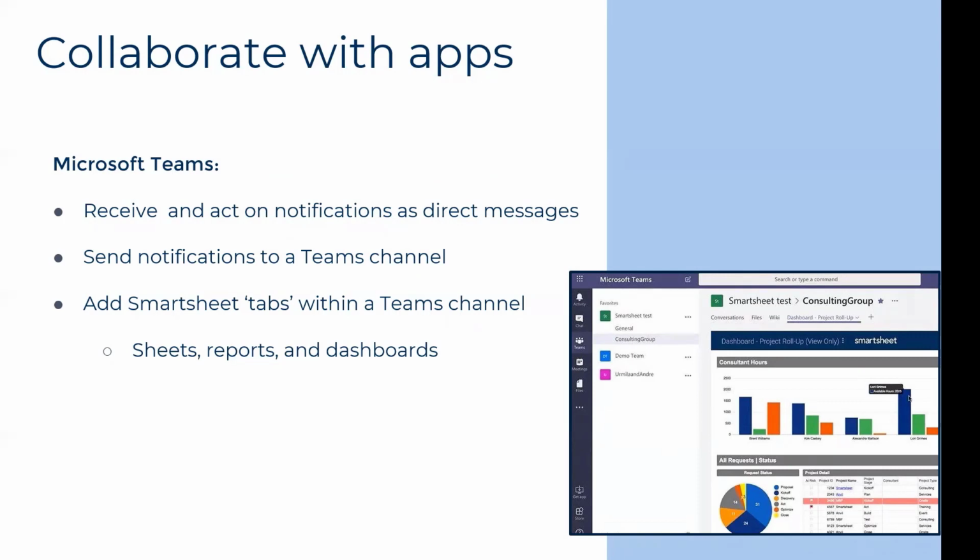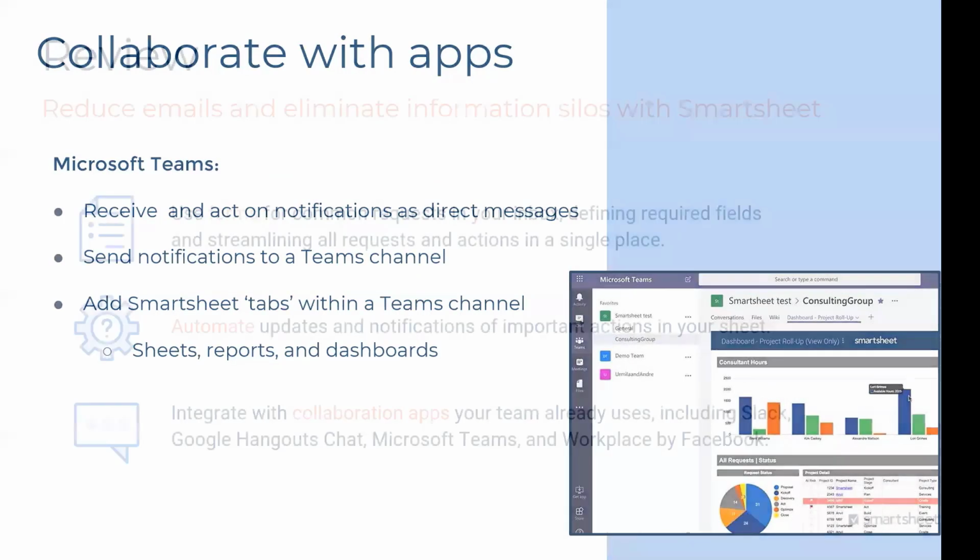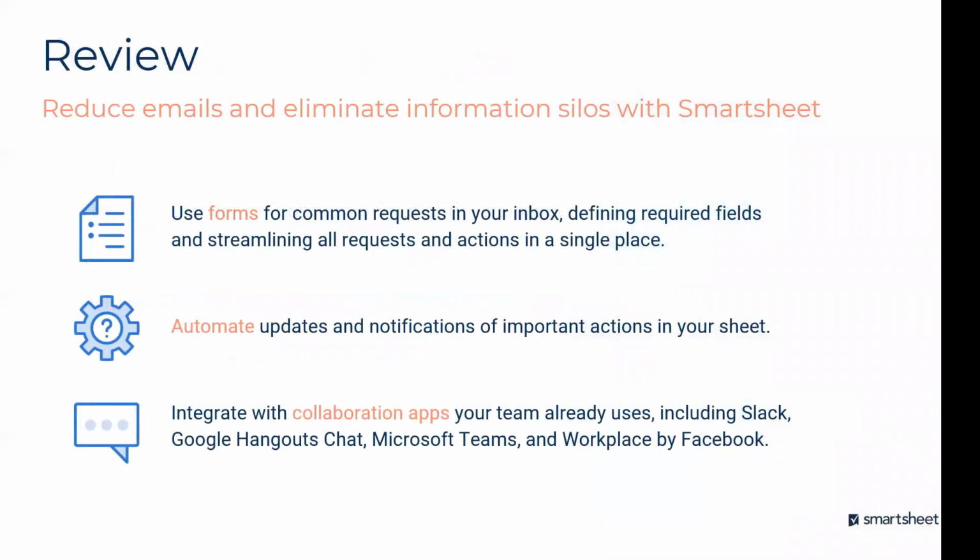Now, we've looked at the 3 ways that Smartsheet is going to help you really reduce a lot of this email noise, but also effectively reduce the work that you're doing, copying information from email to where you're tracking your work, and babysitting or cat herding a lot of this work along, because Smartsheet is going to own it for you with process.